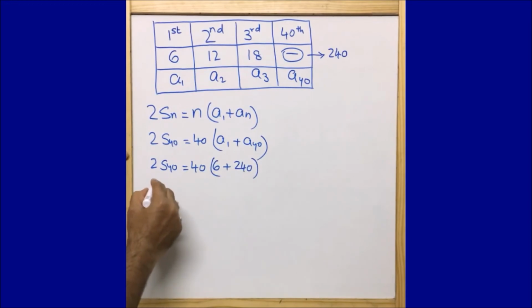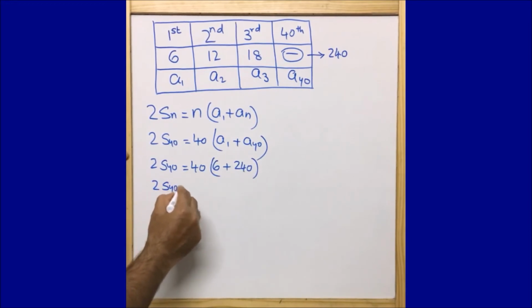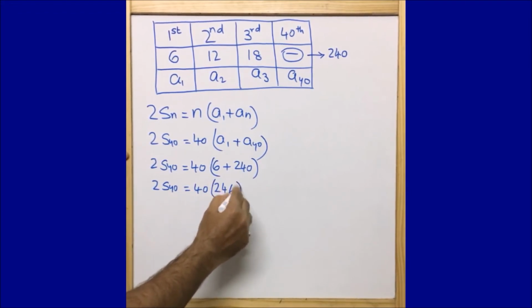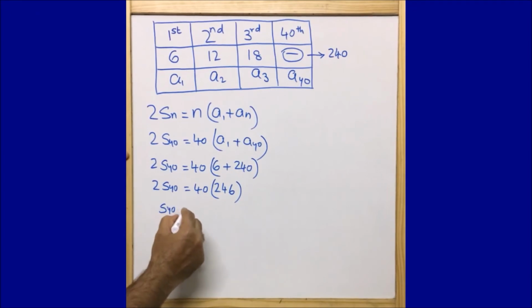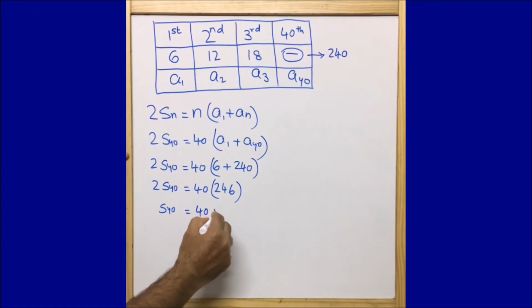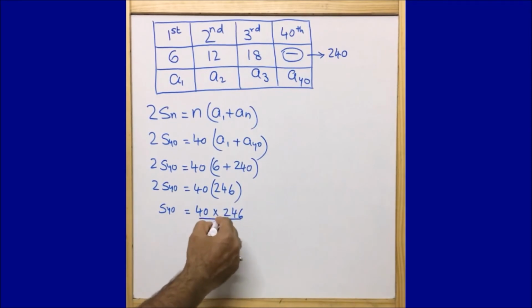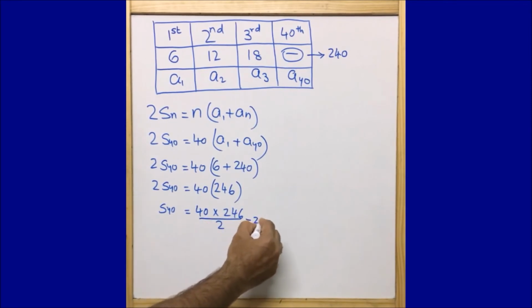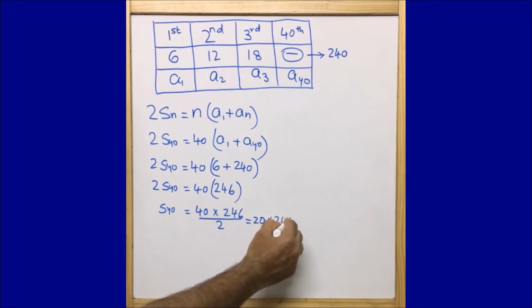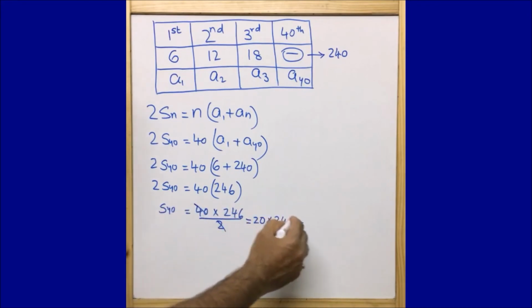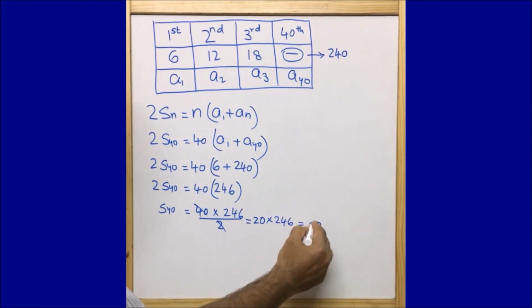or I can write 2S40 is equal to 40 into 246, or S40 is equal to 40 into 246 by 2, just bringing this 2 from the left hand side to the right hand side. Once we solve the equation we are getting 20 into 246, that is equal to 2 6 is 12, 2 4 is 8, 9, 2 2 is 4.